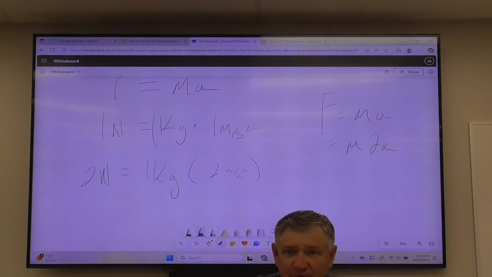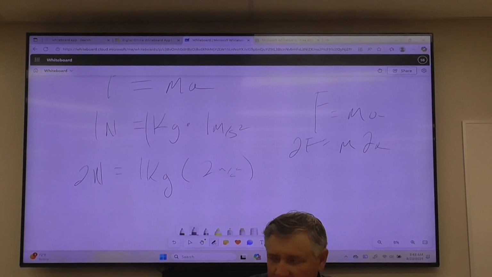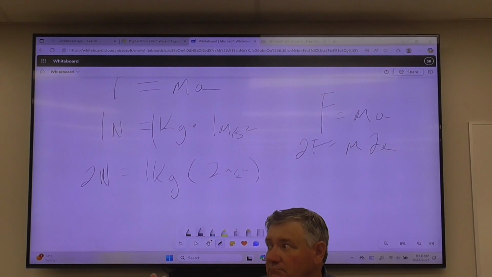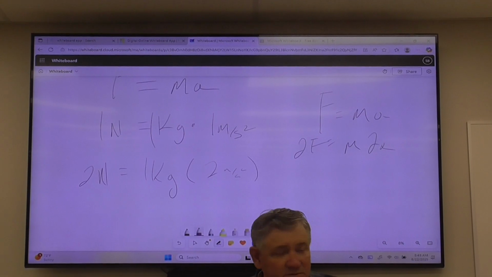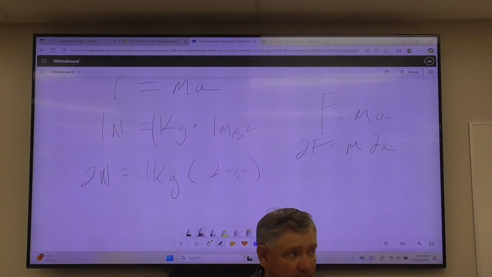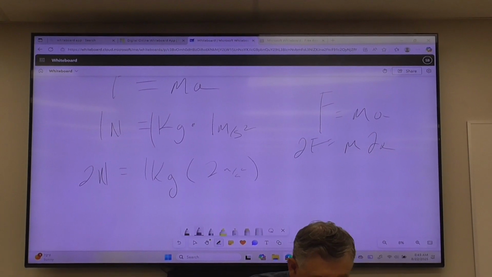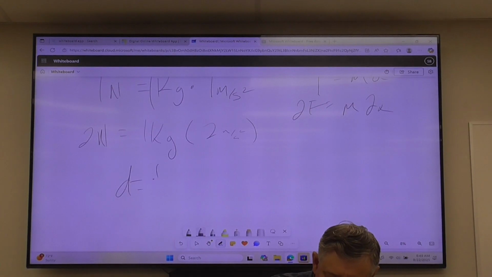Therefore, to make it balance out, I have to have 2F. Okay? Pick one. If you like numbers, do numbers. If you like variables, do variables. Which one you pick, I care not. Okay? Think through it.